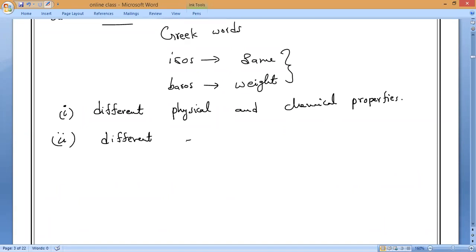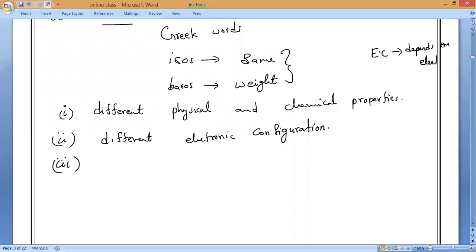The number of protons is not the same, so the electronic configuration is different. But for isotopes, it is the same, because electronic configuration depends only on the atomic number, the number of protons, and the number of protons equals the number of electrons.